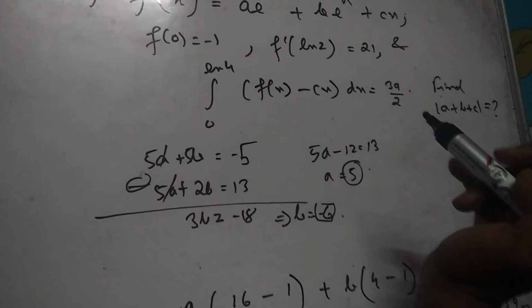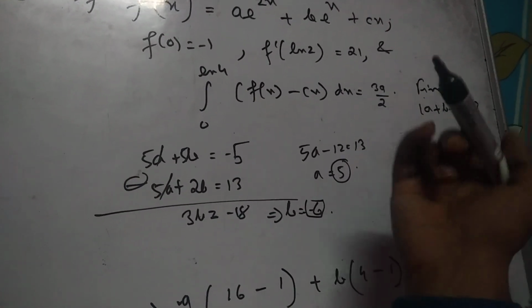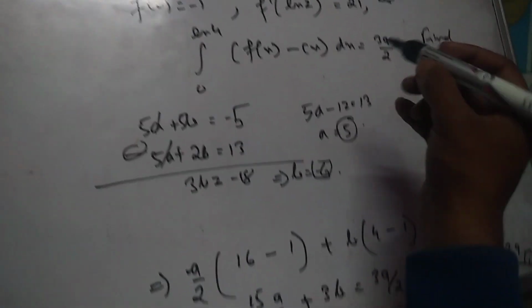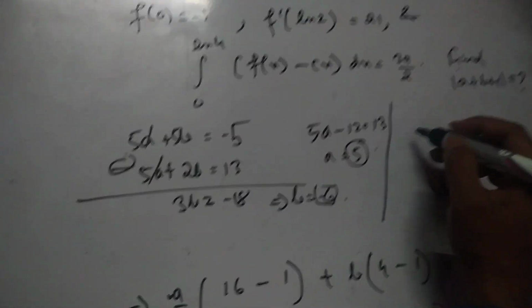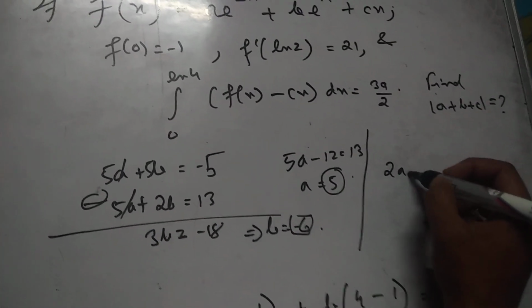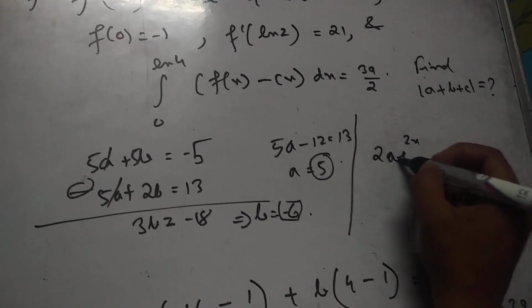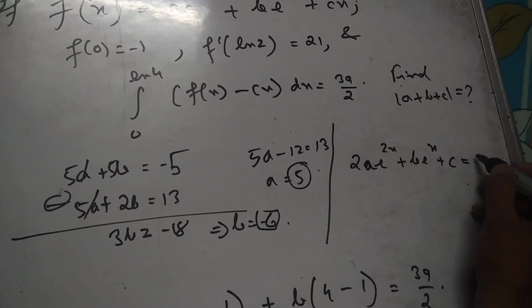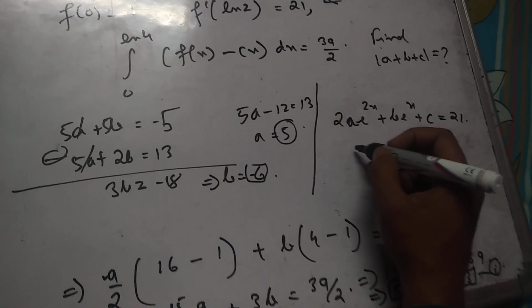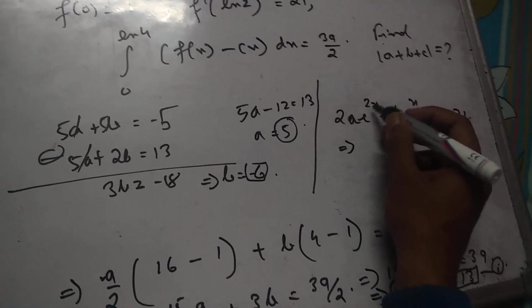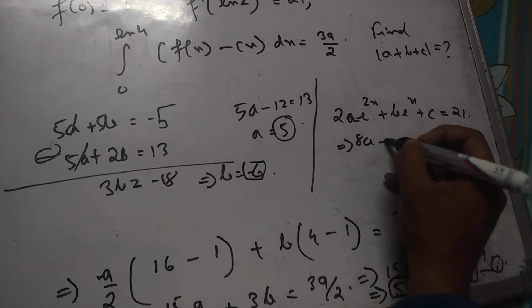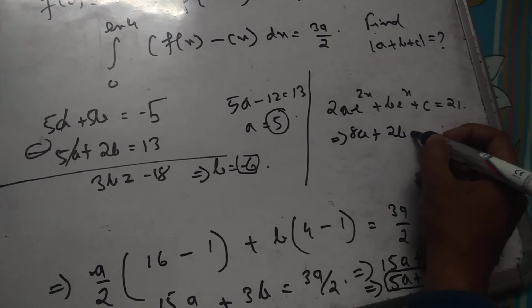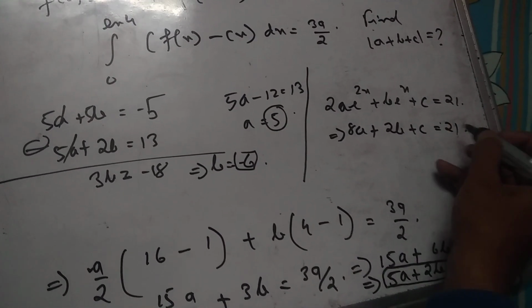And one more thing, f dash ln 2 is 21. We have not calculated yet c. So we will calculate the c part. So 2a e to the power 2x, if we differentiate it, equals 21, right? Just put ln 2, it will be 8a plus 2b plus c equal to 21.